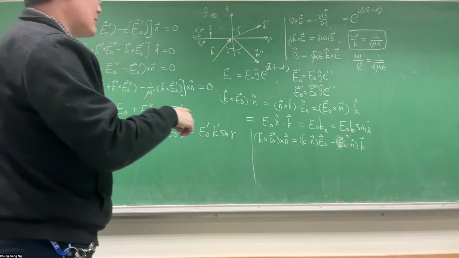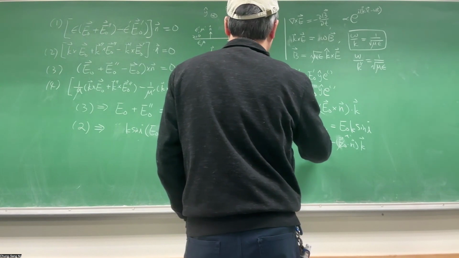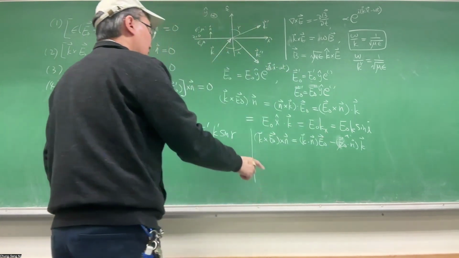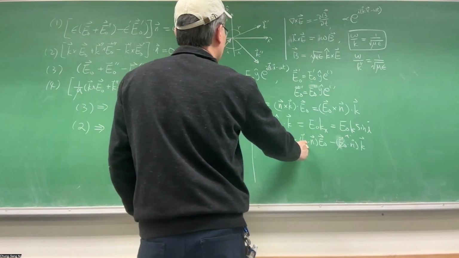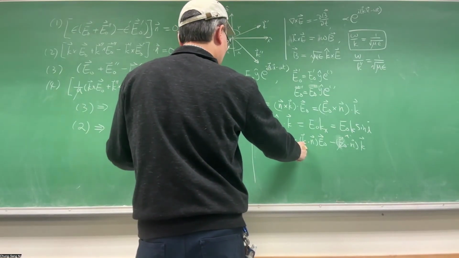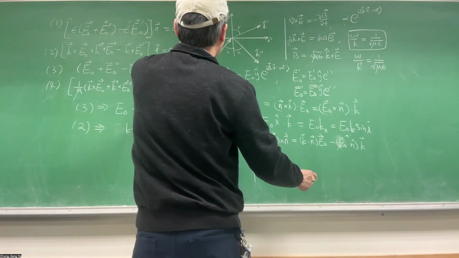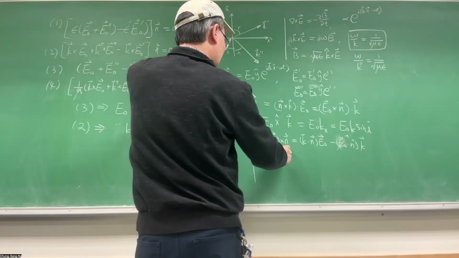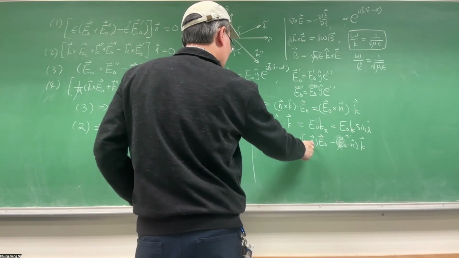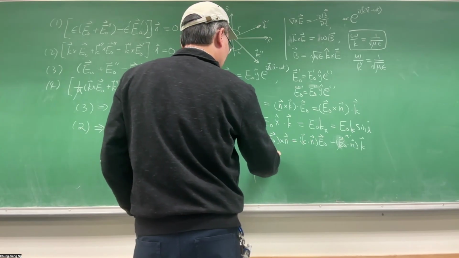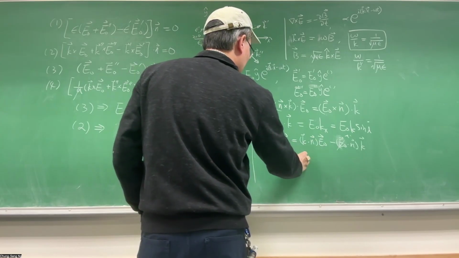And k dot n is the z component. So this is in the y direction, so everyone is in the y direction, and it just gives you the k z. k dot n, the z component, is cosine. That one will give you a cosine. Right, so k equals k cosine i.